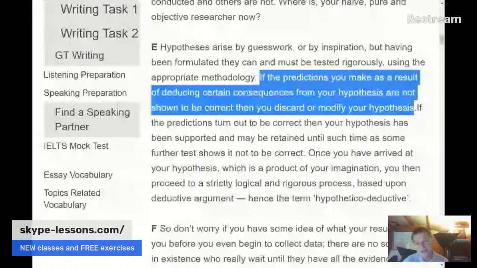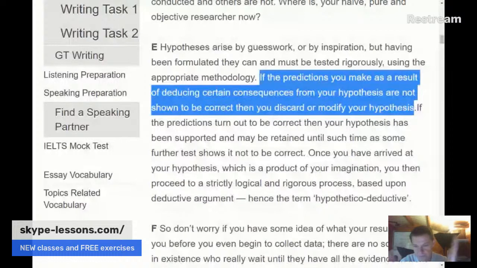Now, you might think that that's advice, but it's not when you examine it more carefully, because this is a zero conditional statement, because it's always the case that if the predictions you make are not shown to be correct, then you discard. Not you should discard or you ought to discard.